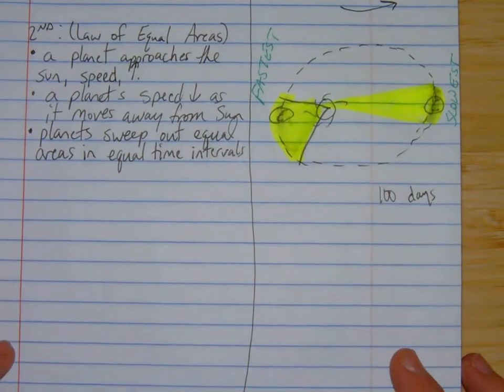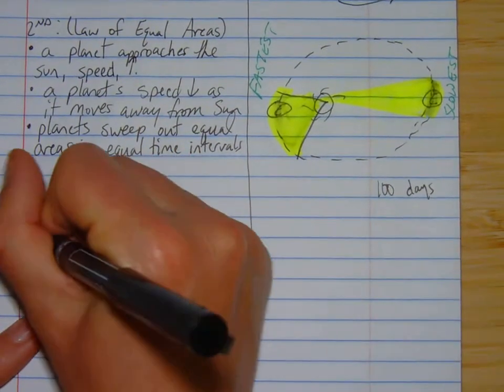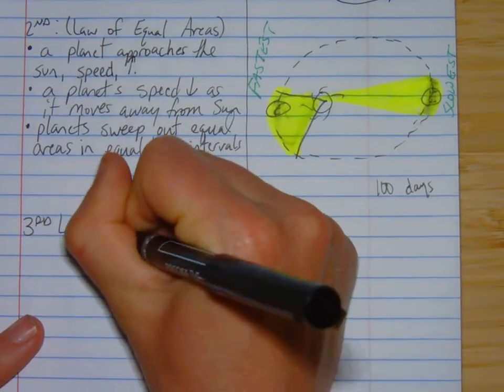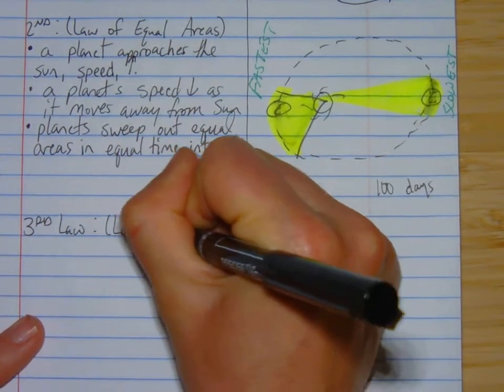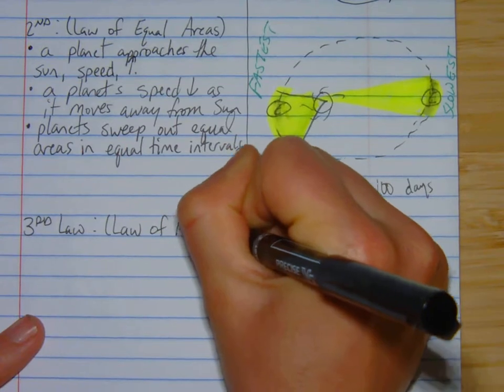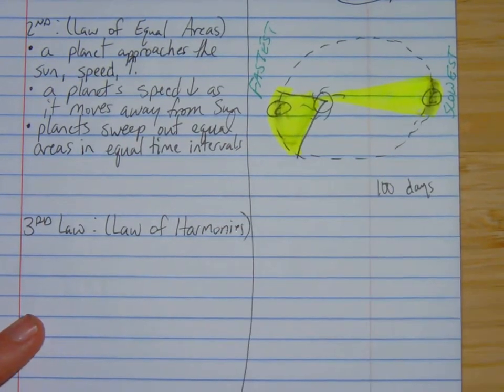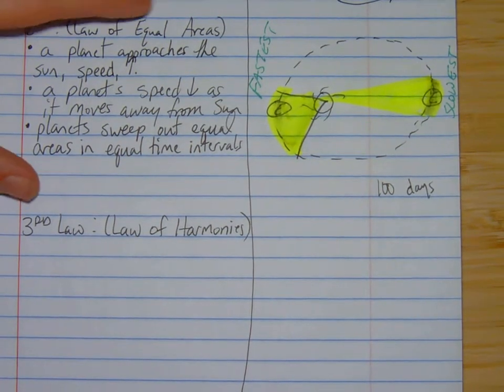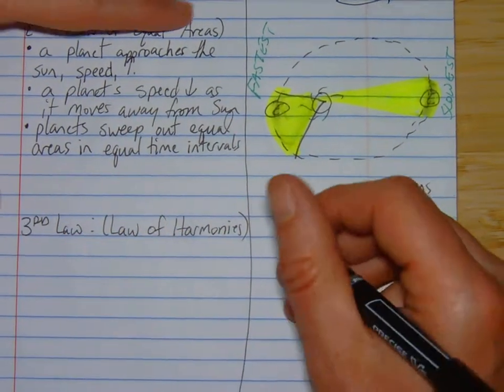Third law, this is where the math comes in. It is the law of harmonies. All right, the law of harmonies. And what that says, and this is going to sound very mathy, but we'll break this down and it'll hopefully be pretty simple.